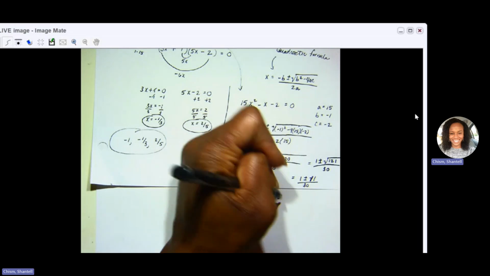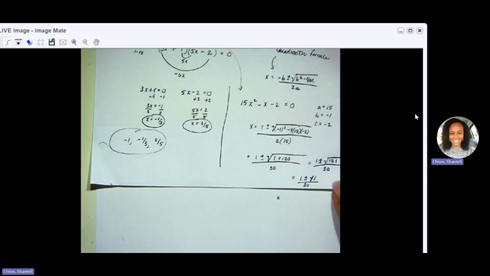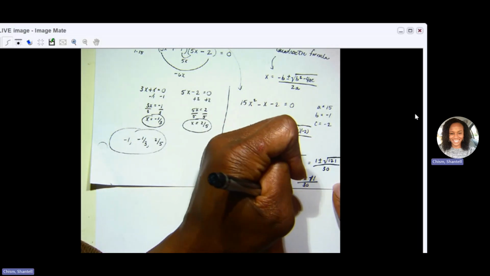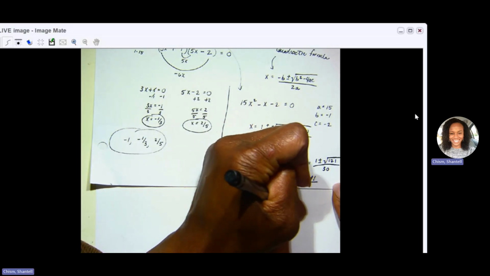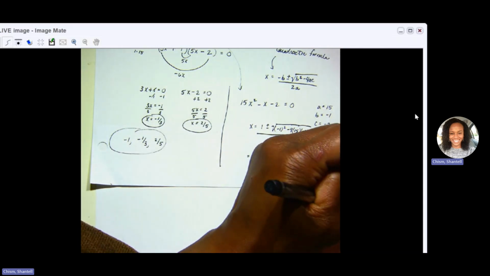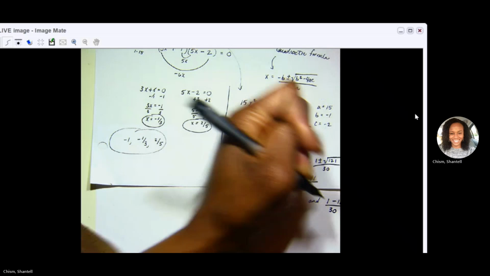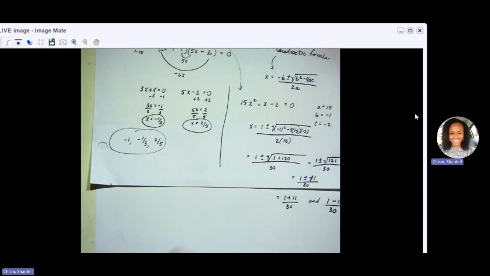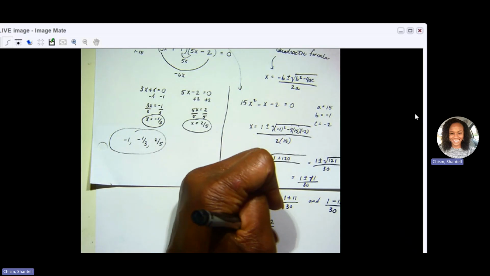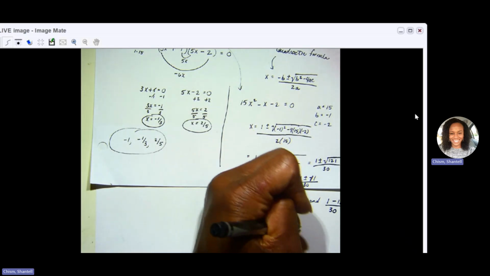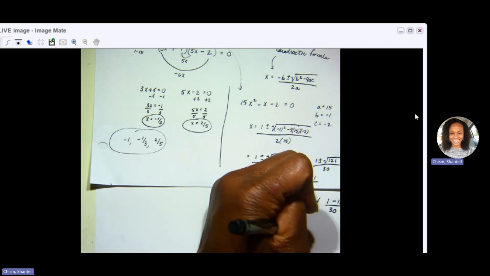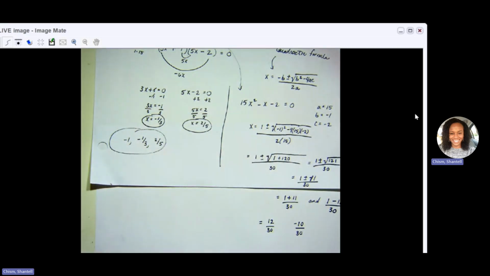So I'm going to say 1 plus 11 over 30, and 1 minus 11 over 30. Okay. So 1 plus 11 over 30, that is 12 over 30, which will reduce. And 1 minus 11, that's negative 10 over 30, which will also reduce.